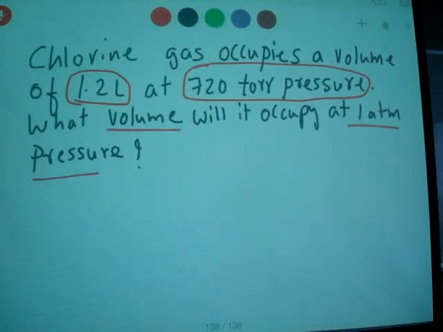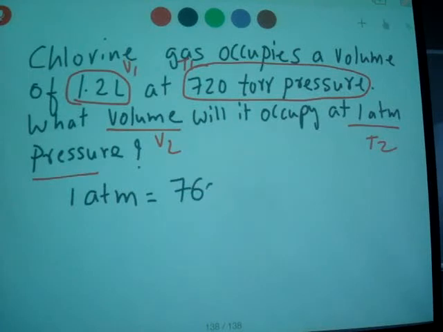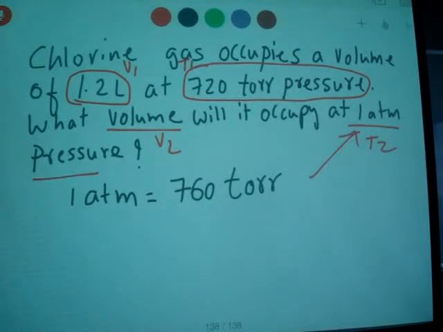So let's consider these as V1 and P1, and these as P2, and we need to find V2. Now, we know that 1 atmosphere equals 760 torr. So we can convert directly, that's going to be 760 torr.